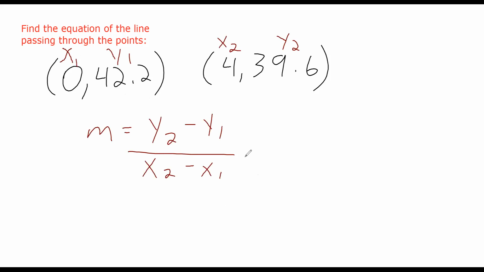So we're going to need to find the slope of the line first. So we're going to have 39.6 minus 42.2 on top, on bottom 4 minus 0. It's just the changes in the y's divided by the changes in the x's.